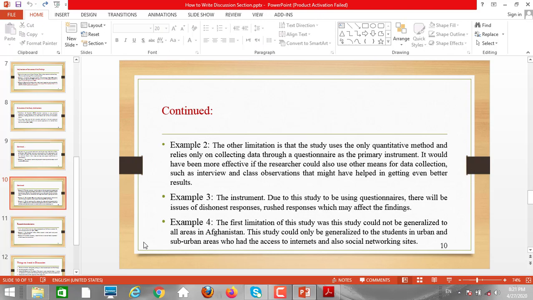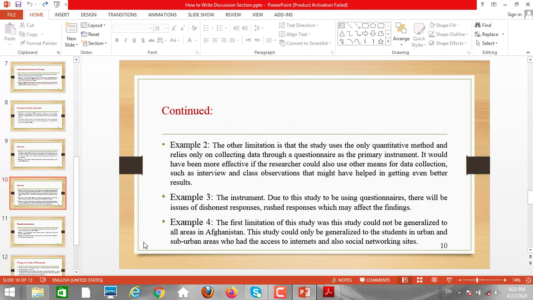So what do I propose here? I propose that if somebody wants to conduct research in the future, they can consider rural areas, to have a fruitful research.